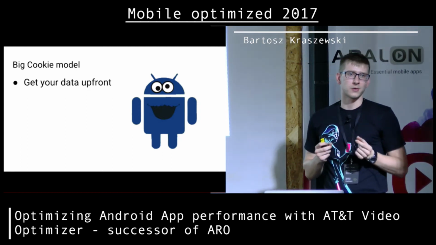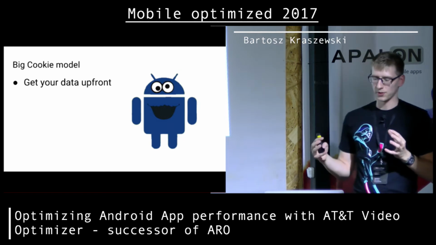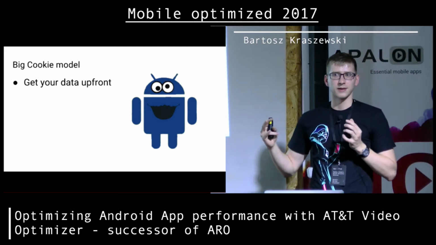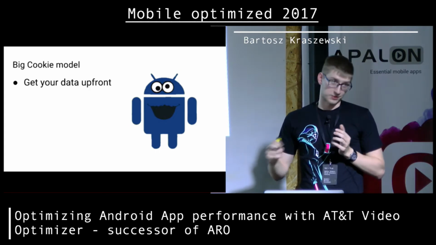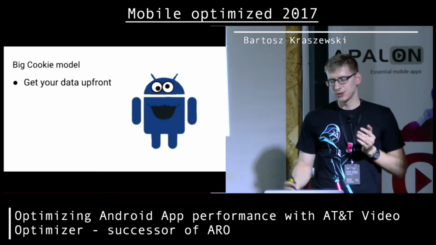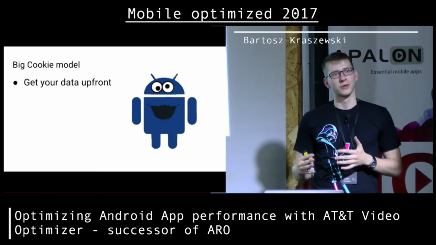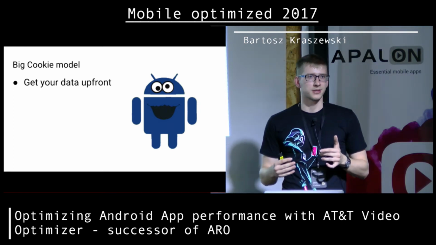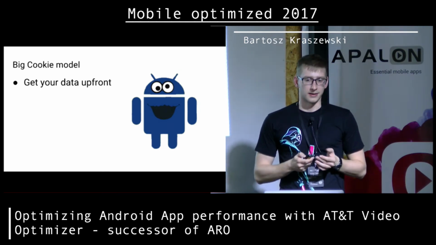They call it a big cookie model, which means that when starting your application, you are asking the server for as much data as possible up front. Of course, with a limit, not so many megabytes of data, but you can try to predict a first move of a user, know what will be needed, cache it, and make sure the application is offline friendly.